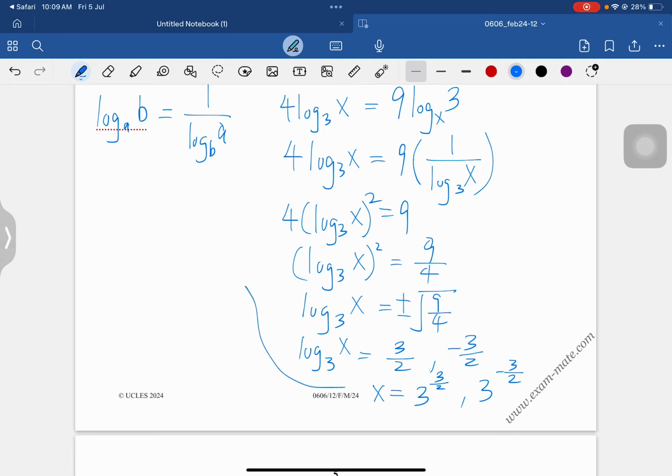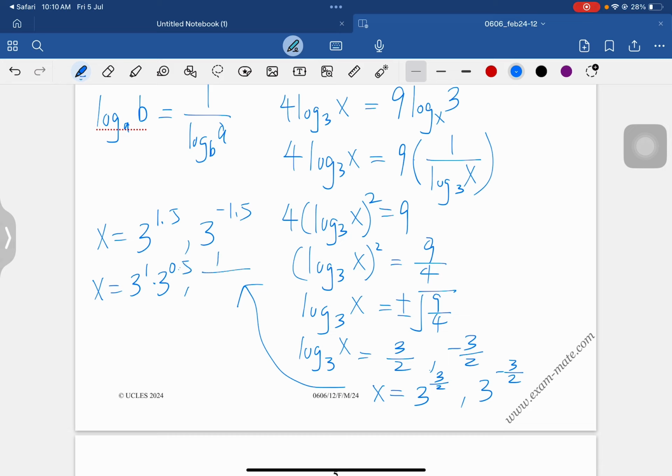Okay, I will write here. x equals 3 to the power of 3 over 2 is 3 to the 1.5, and 3 to the negative 1.5. x equals 3 to the power 1 times 3 to the power 0.5.